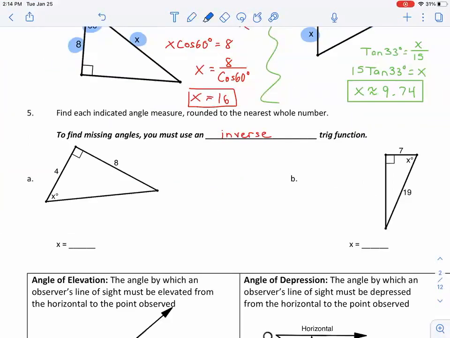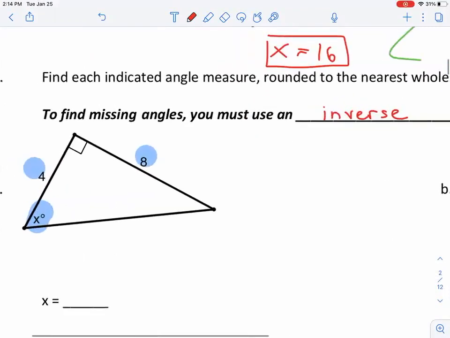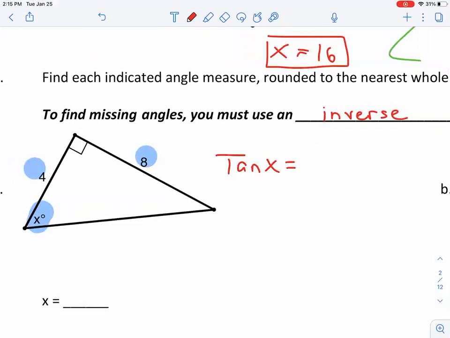I'm going to do the problem very similarly to the ones we just did. I have this x, which is important. 8 is the opposite. 4 is the adjacent. And so opposite and adjacent means I'm going to use a tangent function. So I would set up the tangent of x is equal to 8 over 4.